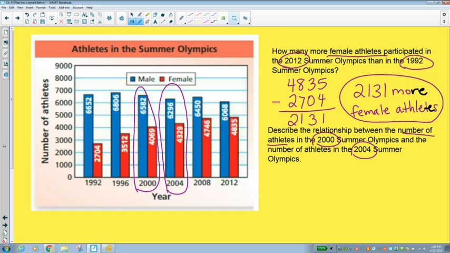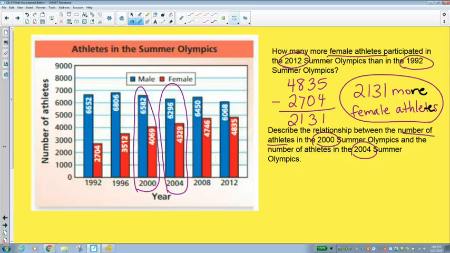If I look at just these two, what could I compare? How could I describe a relationship? Well, if I looked at the two bars, I noticed that in 2000, they had 6,582 males, and in 2004, they had 6,296 males.